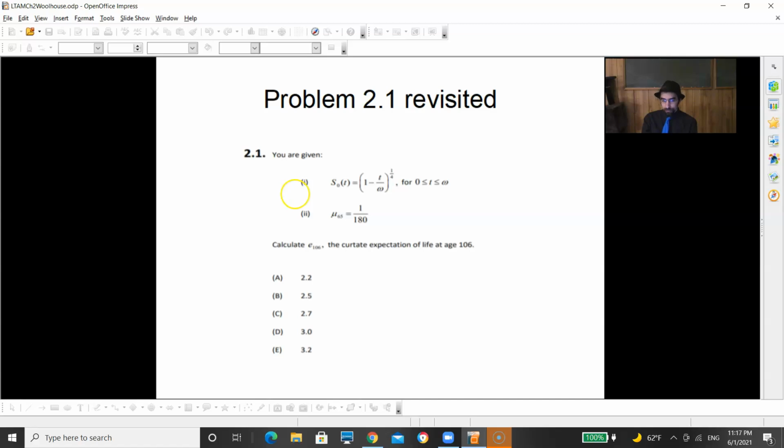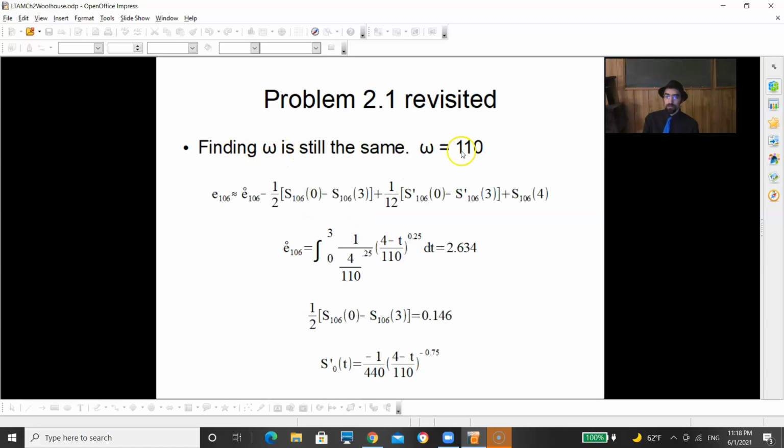So, again, you're given a survival function and the force of mortality, and again we had to solve for omega and found that omega equals 110. And now suppose we wanted to calculate the curtailed expectation of life at age 106 using the 3-term Woolhouse formula. Okay, finding omega is still the same.